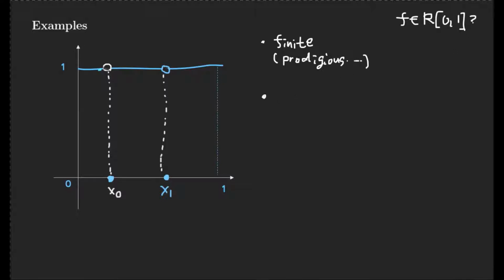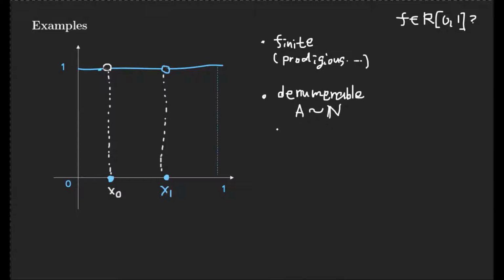And another word is denumerable. A denumerable set means the set is equipotent to the natural numbers.